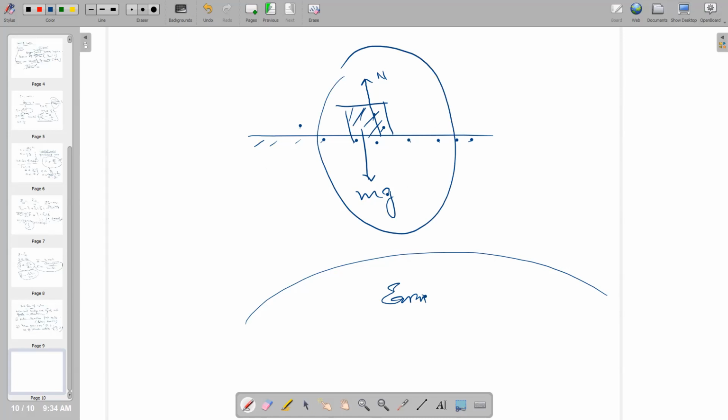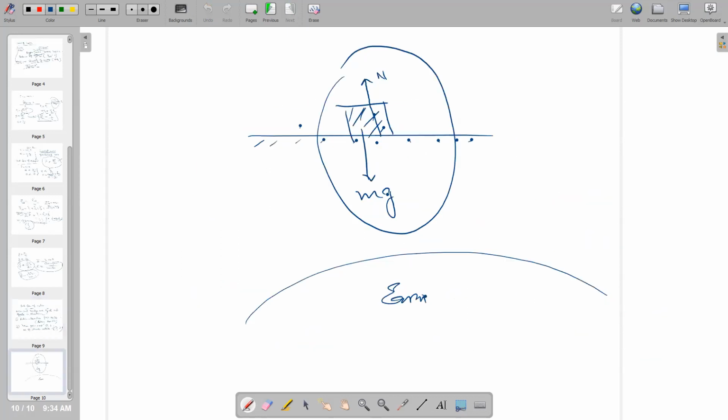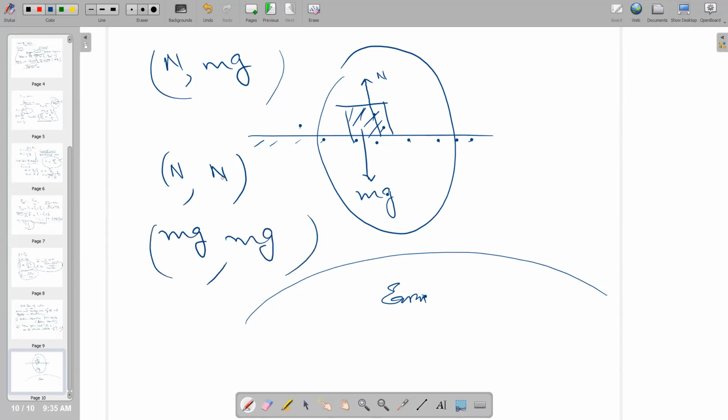But this is not an example of Newton's third law, because of the second point: these pairs must be of the same nature. Same nature means if this is N, it should be N. If this is mg, it must be mg, with a minus.